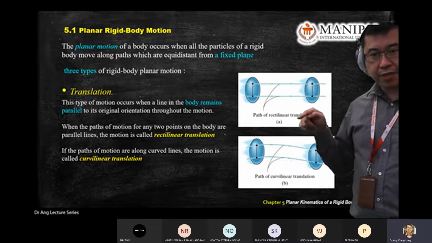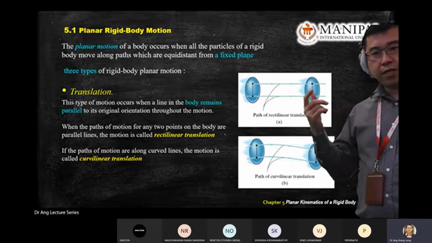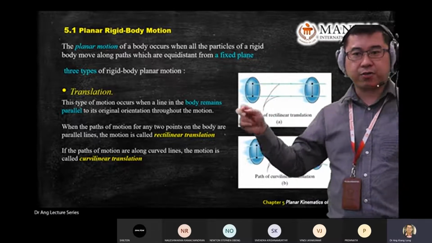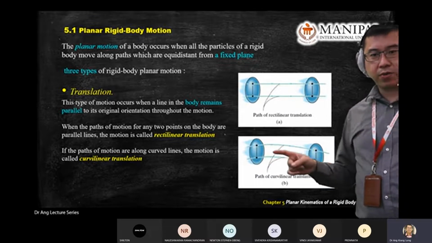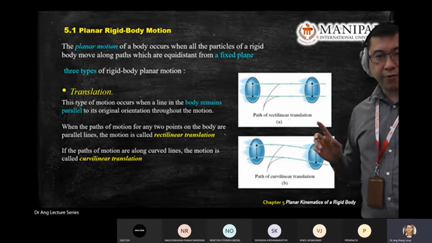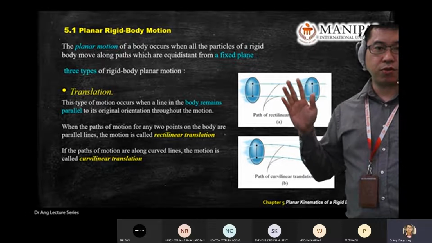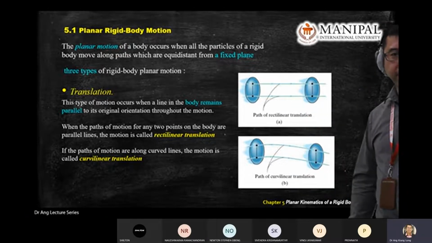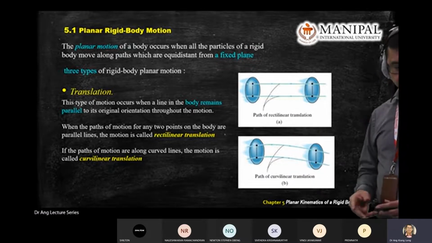Meaning, if it's rectilinear, in the X, you can convert into vector form, which is I and J and also K. For curvilinear, you need to use the tangent and normal, and sometimes you need to use the vector form, IJK. For rectilinear you can still choose not to use IJK, but for this one you should use IJK. So there are two types of translation.